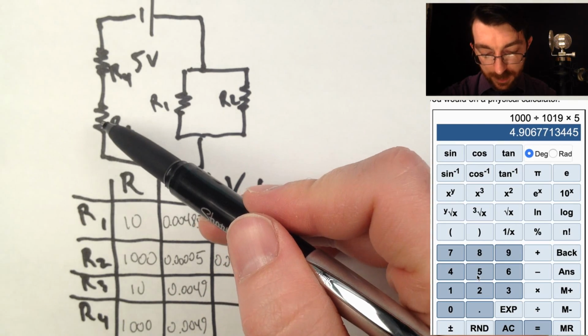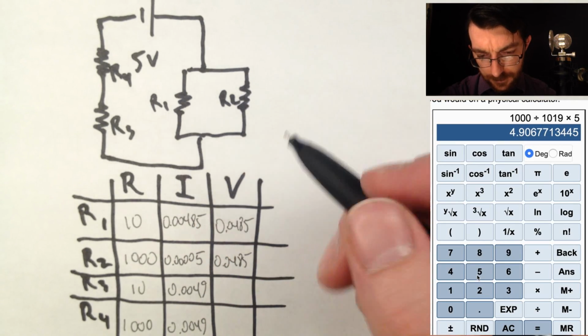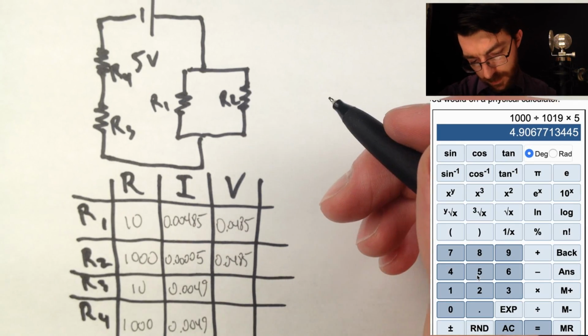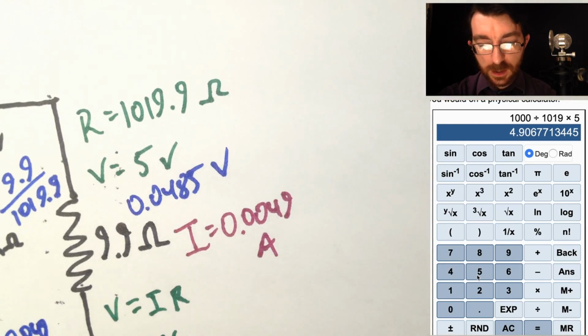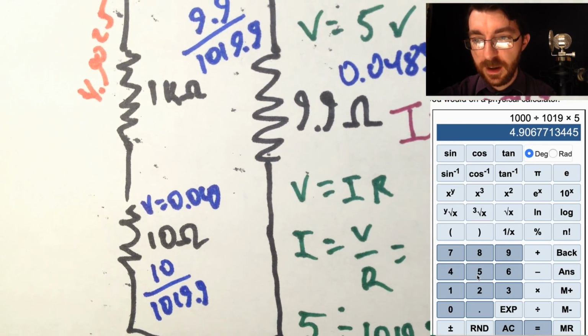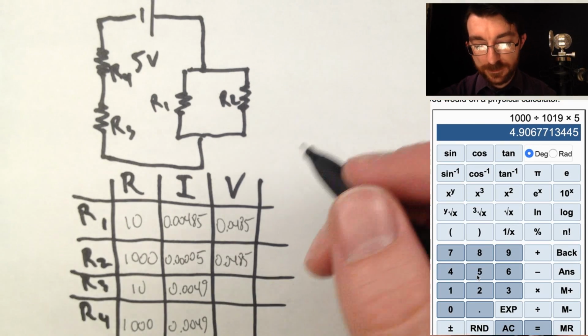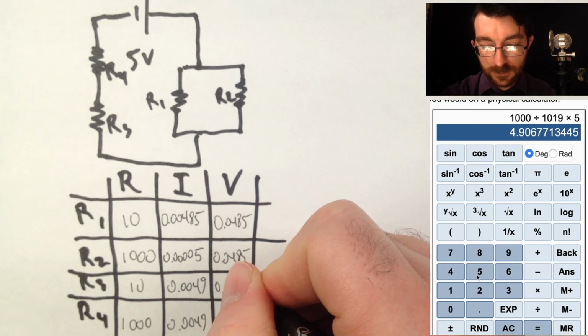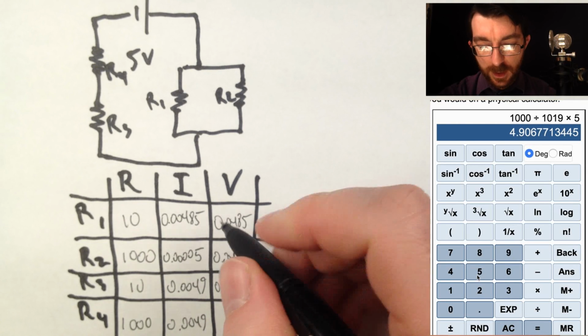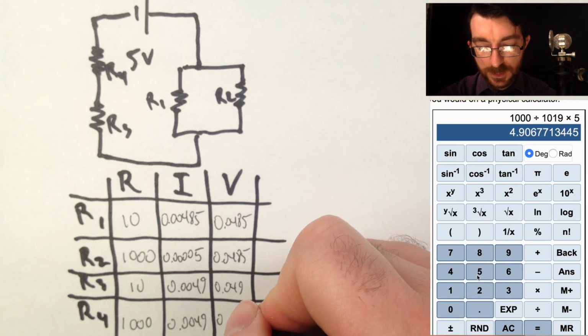And for resistor 3, it was close. It was slightly higher. It's 0.049. And for resistor 4, 0.049.